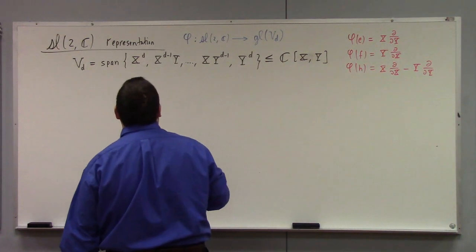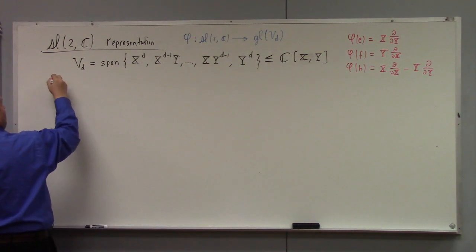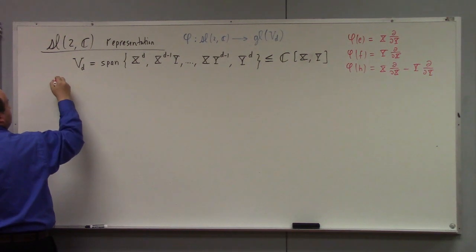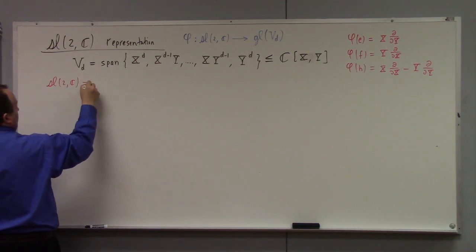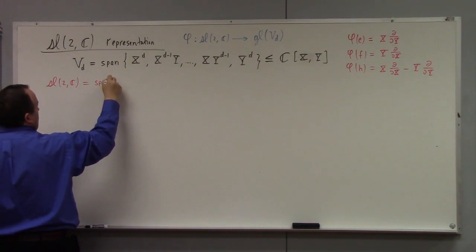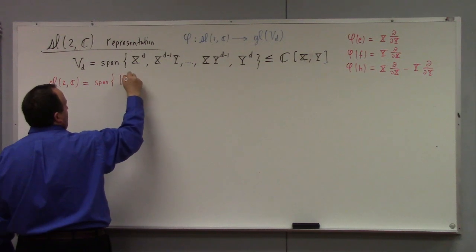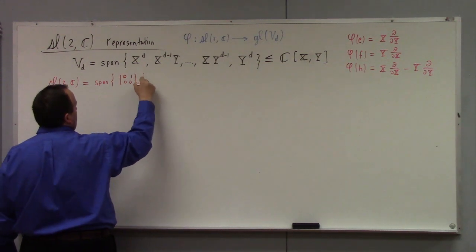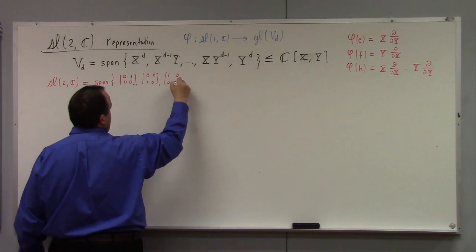Right? SL2C is the span of 0, 1, 0, 0; 0, 0, 1, 0; and 1, 0, 0, minus 1.